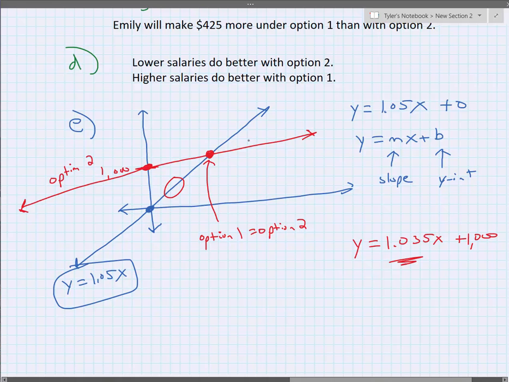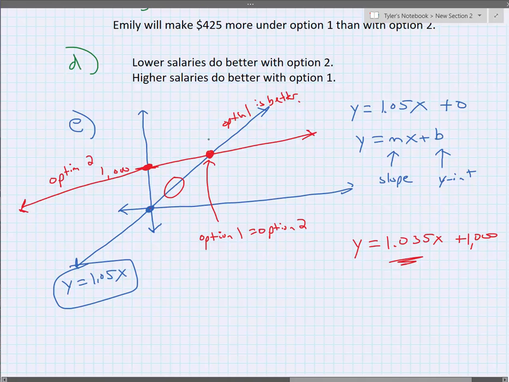The blue is now above the red. They kind of switch. So after this point, option 1 is better. So again, that's just a rough sketch to illustrate what I was trying to illustrate, and sorry the Desmos didn't quite work out how I had planned.